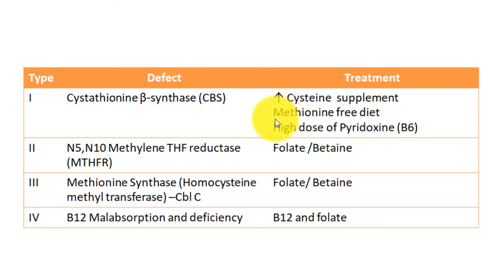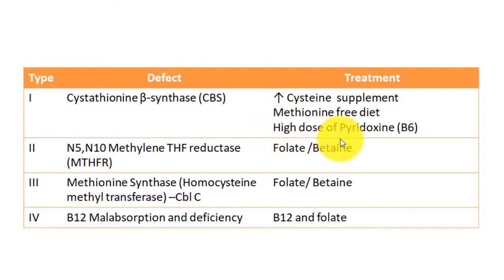And because methionine will not convert into cysteine, as this pathway of cysteine synthesis is abnormal, we supplement cysteine. In such patients, cysteine becomes an essential amino acid. So we supplement with cysteine and avoid methionine.